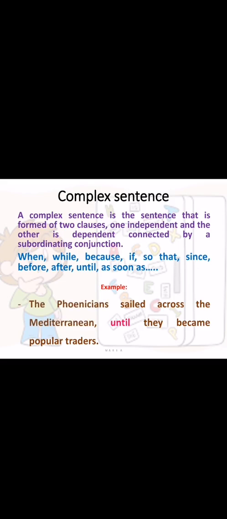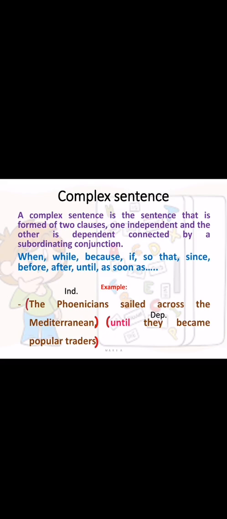Example: The Phoenicians sailed across the Mediterranean, until they became popular traders. It is about two clauses. One of them is independent, and the other is dependent.